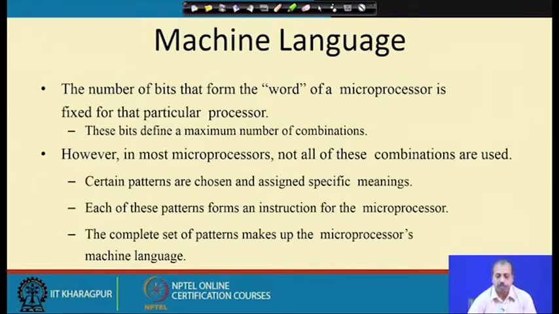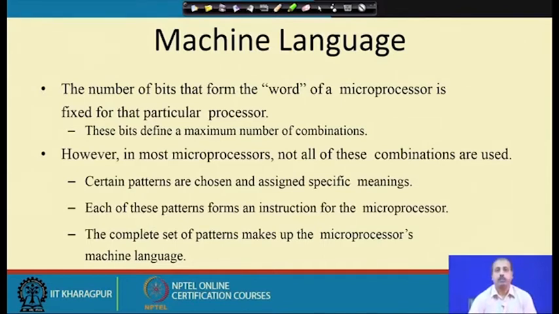Out of all the combinations that are possible, all are not used, and it is up to the designer of the processor to choose certain patterns and assign them some specific meaning. Each of these patterns will form an instruction for the processor.